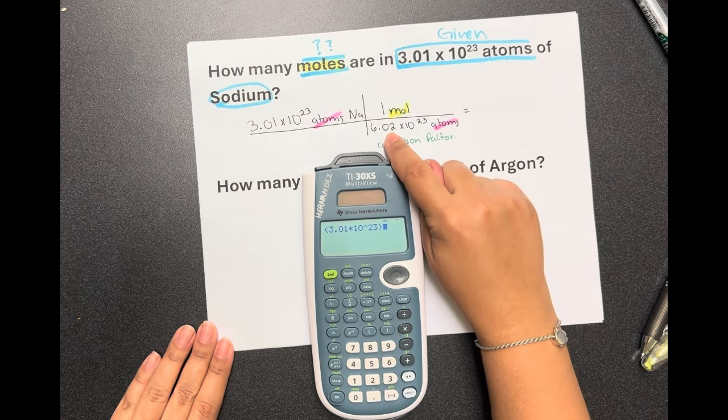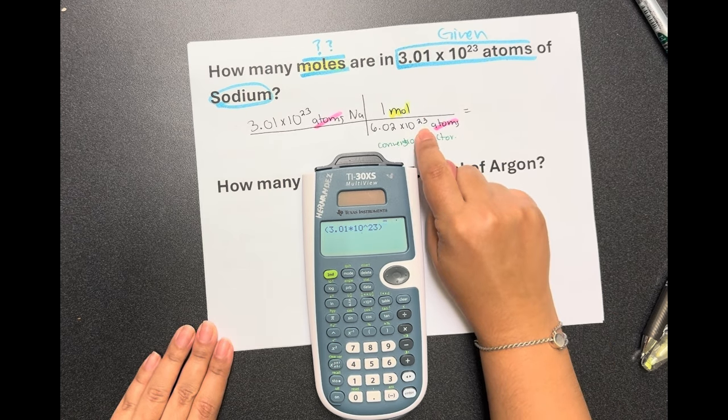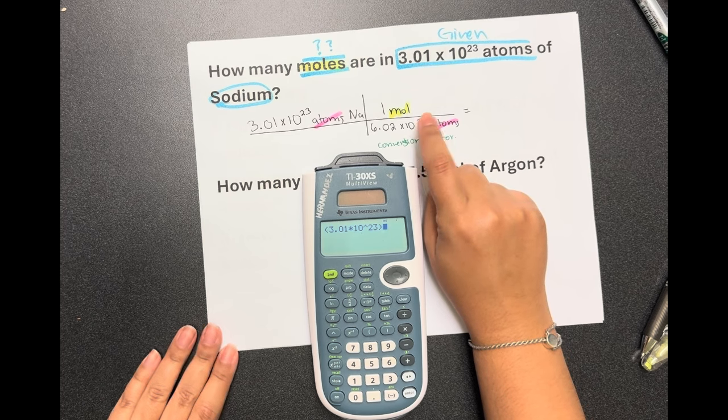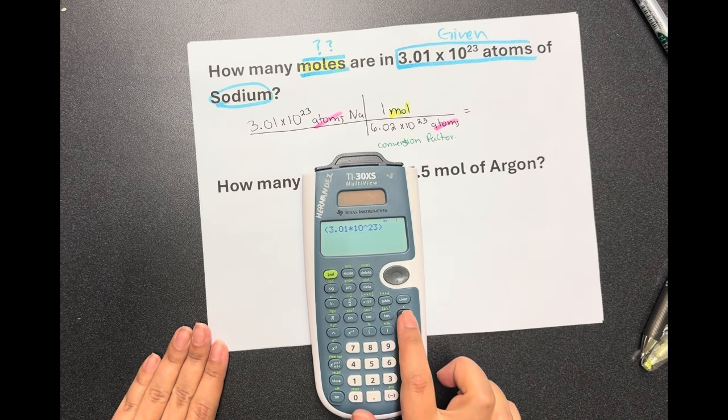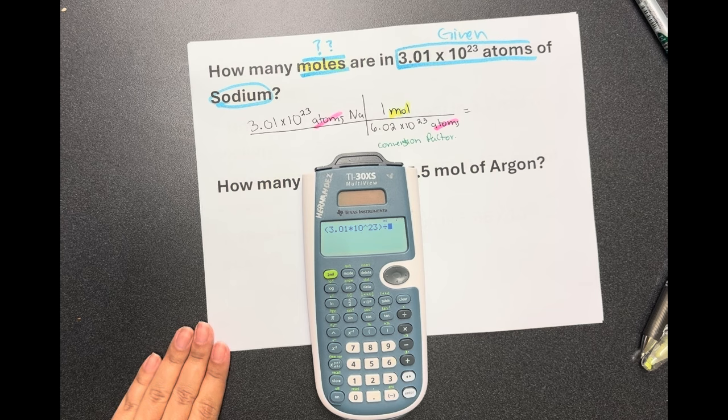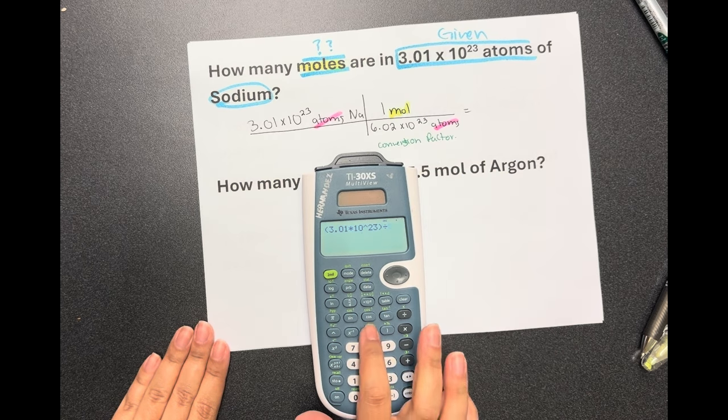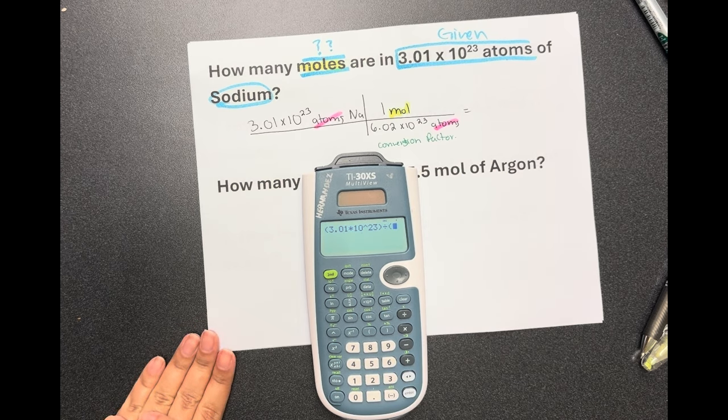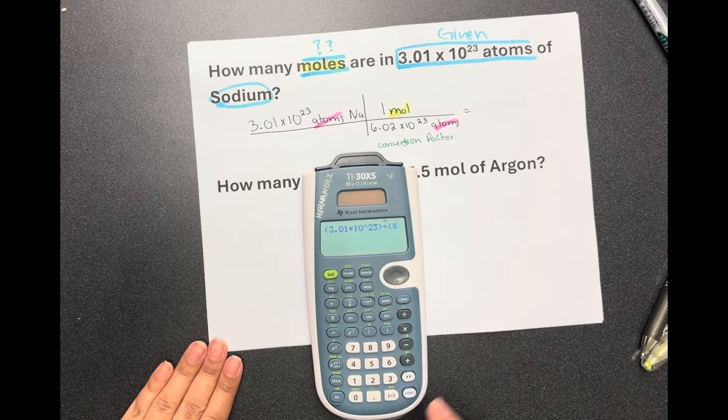So here, 6.02 times 10 to the 23, Avogadro's number, is in the bottom, so I'm going to be dividing by Avogadro's number. Remember that when you're dividing by scientific notation, you need to put them in parentheses, okay? Because if not, the order of operations is not correct. So you need to put open parenthesis, 6.02 times 10 to the 23, close parenthesis, enter.